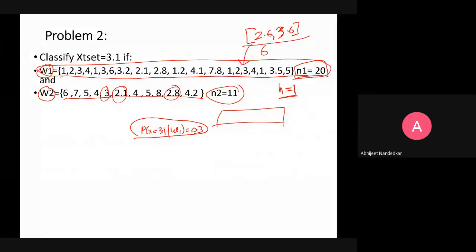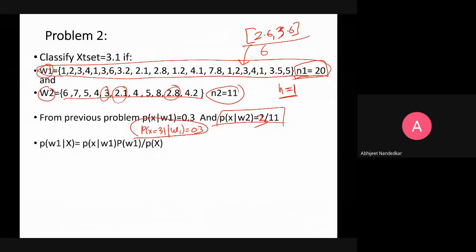I think 3 are there. So you can just take into account the proper number. So this will be, I think, 3 by 11 for omega 2.